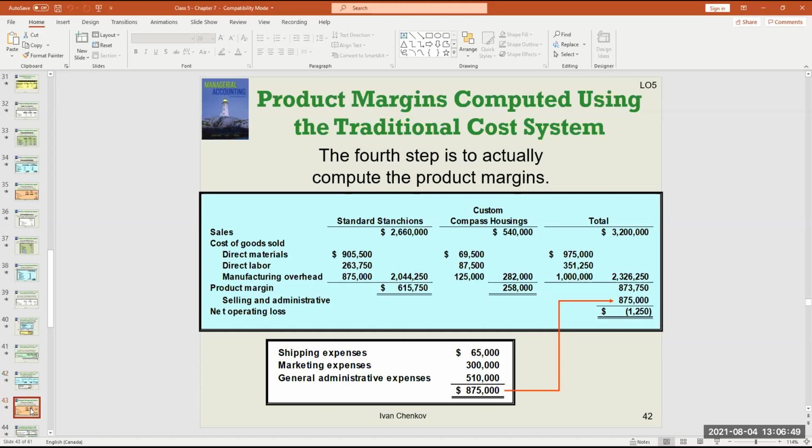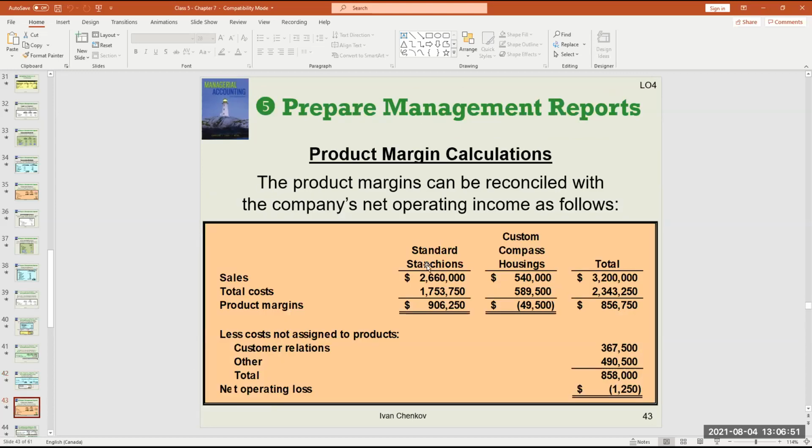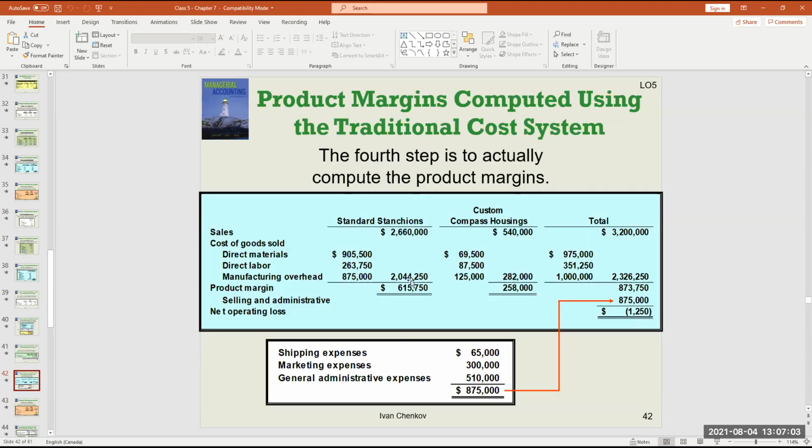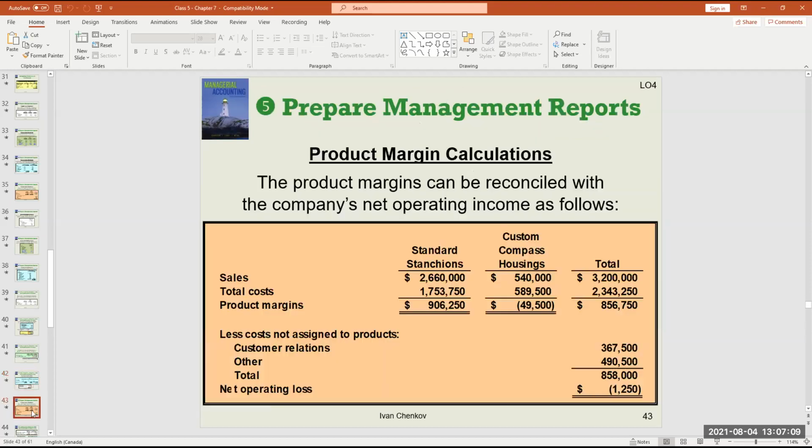Compared to the previous one, as you can see, on the previous one here we have over $900,000 for the one product. On the traditional, that product margin dropped by almost $300,000. On the other product, we were losing money, 49.